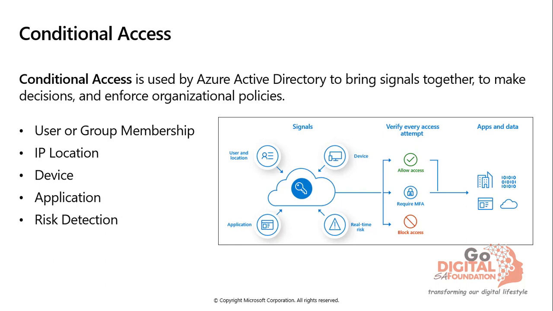Yeah. And also on applications, so you can deny users access to certain applications. And there's also risk detection. So if there's a certain risk around your network, then it will deny access or allow access, but it's up to the administrator, the global administrator, to set that up.